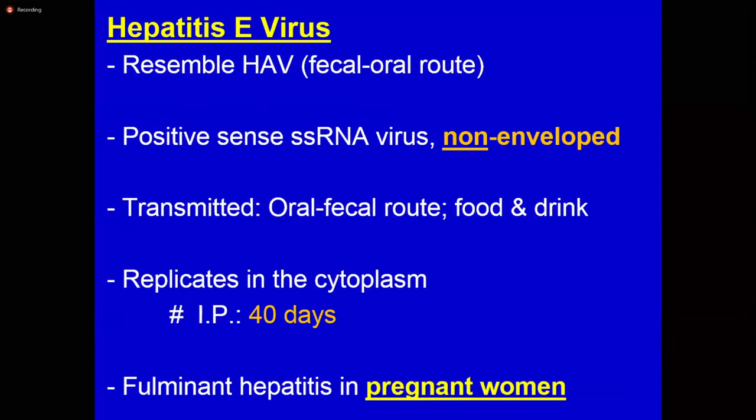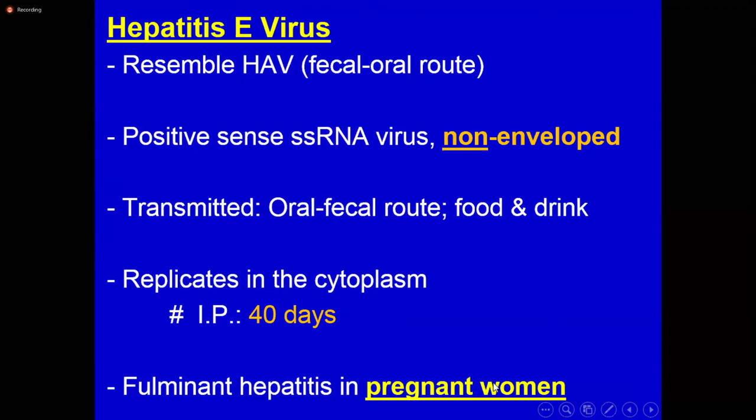Now, hepatitis E resembles A and can be transmitted by the fecal-oral route. It is a positive-sense, non-enveloped RNA virus, transmitted through food and drink, replicating in the cytoplasm, with a short incubation period. Fulminant hepatitis E occurs in a pregnant woman.